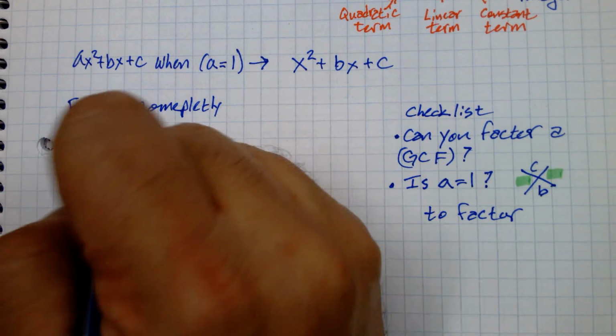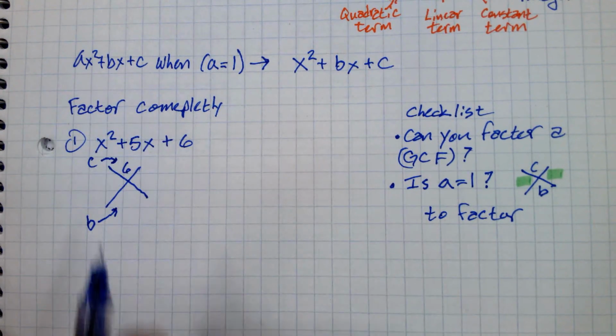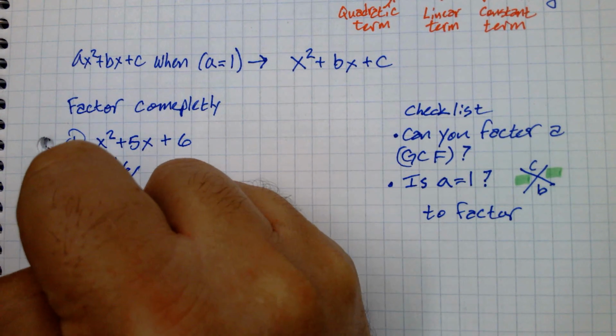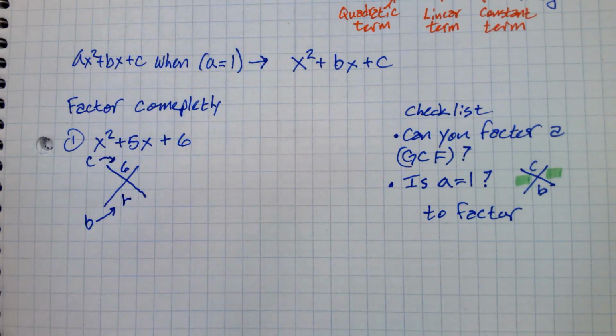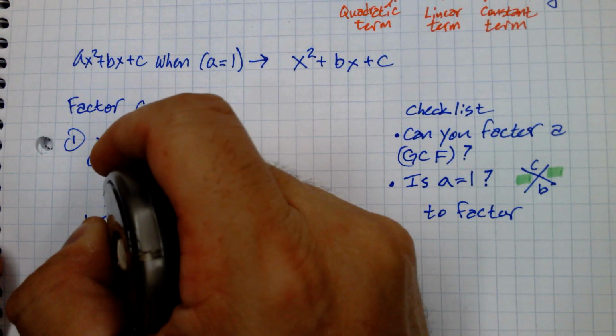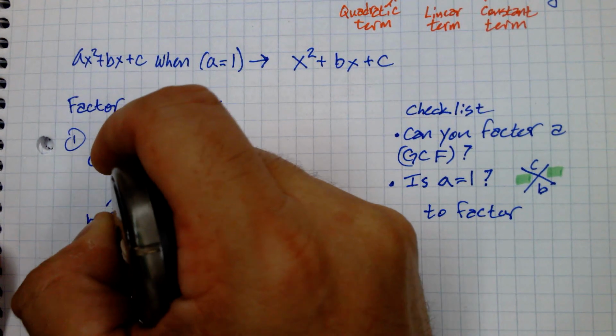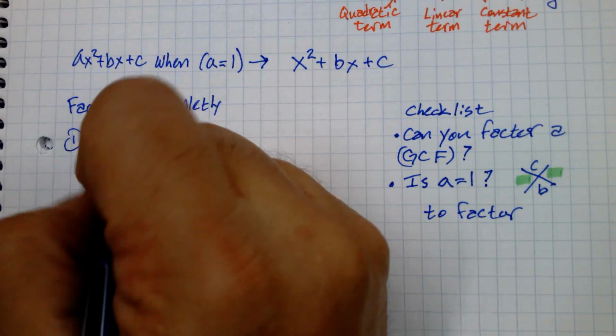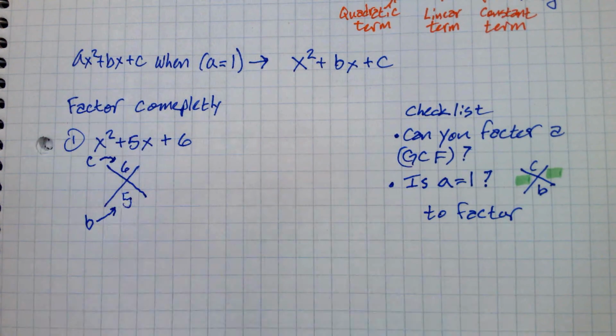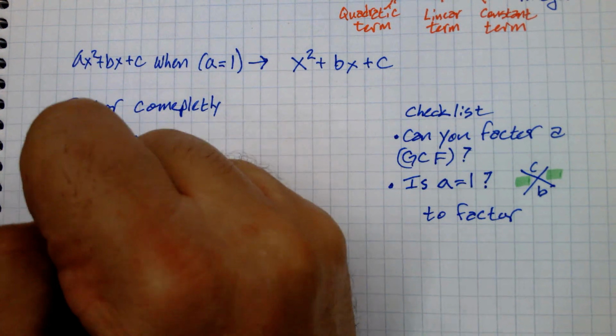The number at the end, put it here. That means the 5, the b value, would go there. So let's figure it out. What two numbers multiply to 6 that add up to 5? 2 and 3.